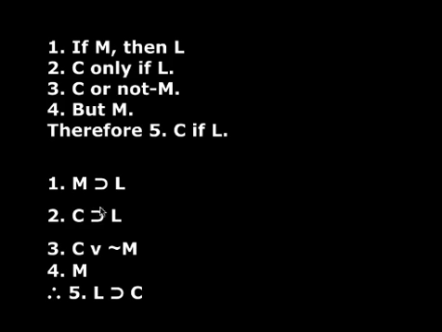C or not M. But M, it's just M. Therefore, triple dot, C if L. Thing following if is the antecedent, so L is the antecedent, other statement is the consequent. Okay, that is it. That is the end of chapter 1.